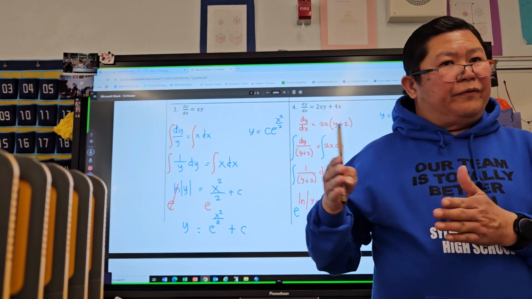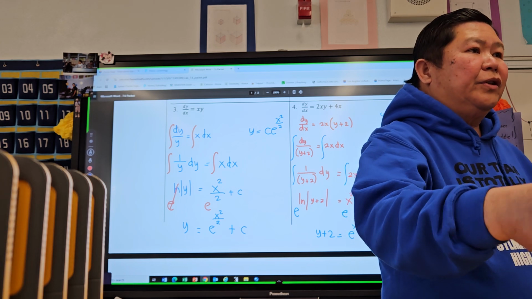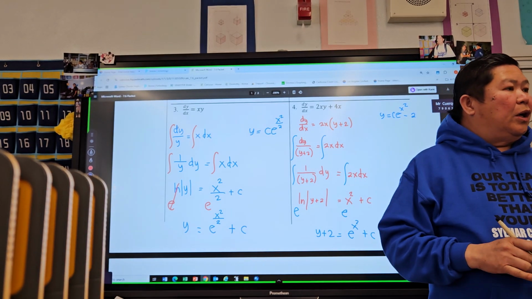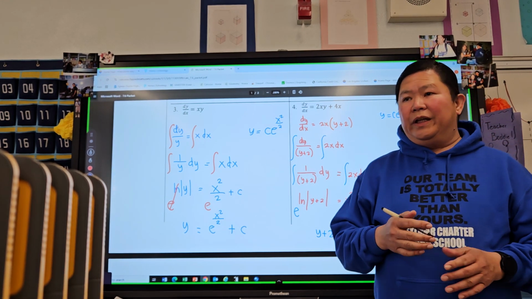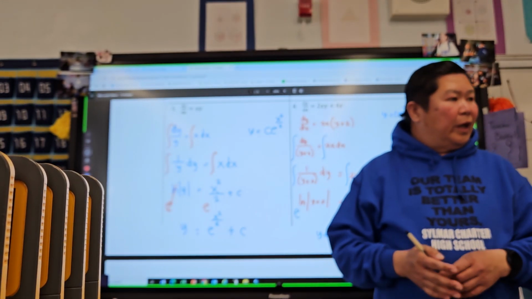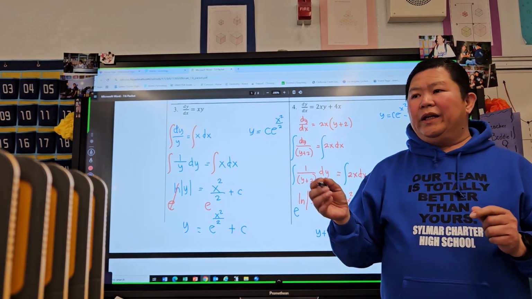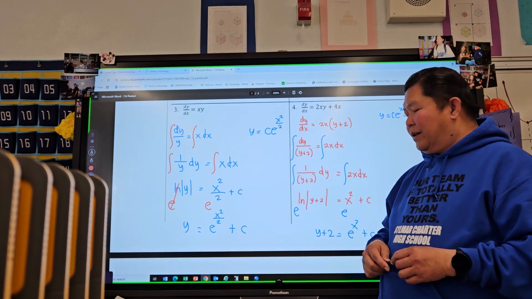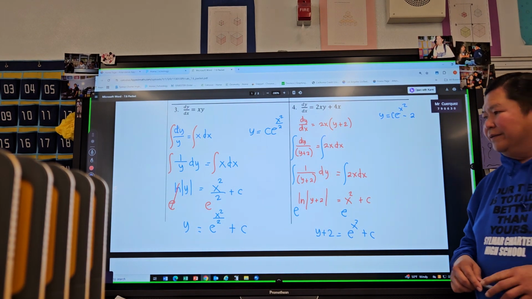If the problem is all about differential equations, please always remember separation of variables. You're going to have to combine the x with dx and combine the y with dy, and then after combining, you're going to take the antiderivative. Can I move this up now so we can start the practice?